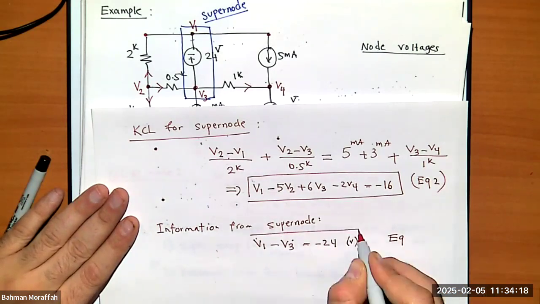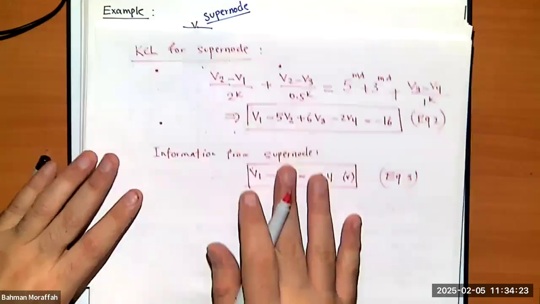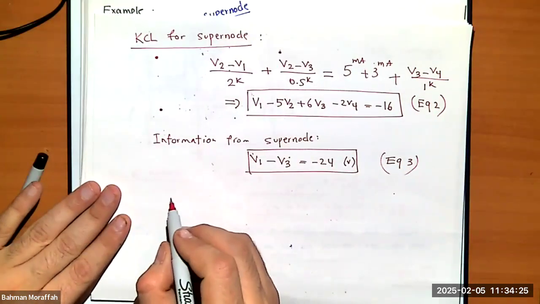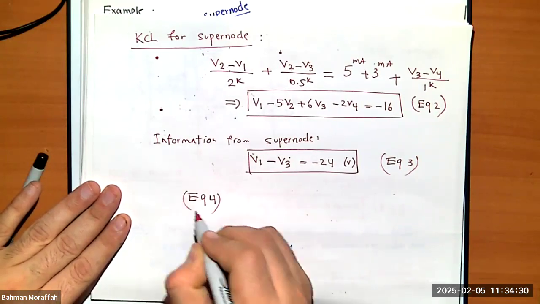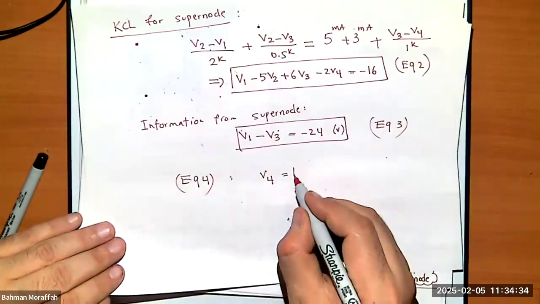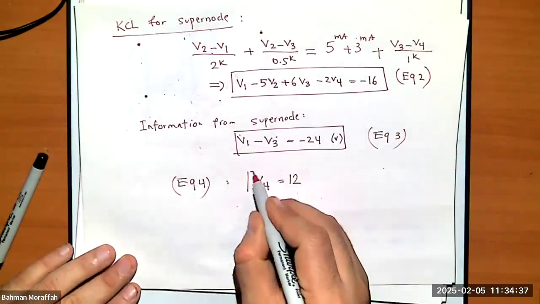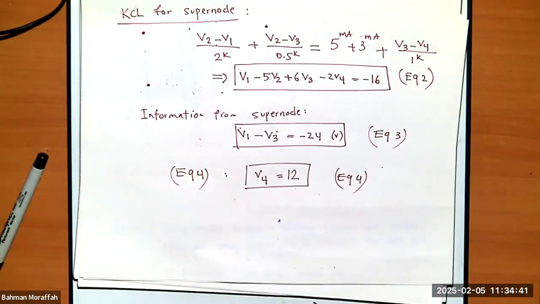I'll call this equation 3. And obviously, equation 4 is V4 equals 12. I have 4 equations and 4 unknowns. I can put them in terms of a matrix and solve for it.